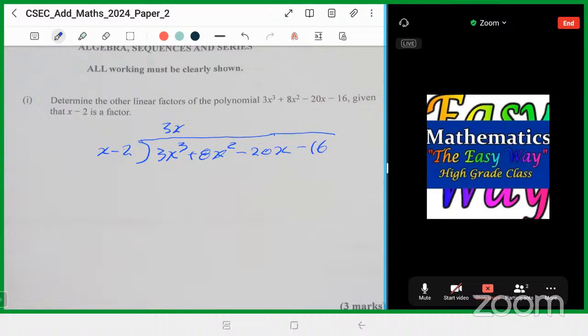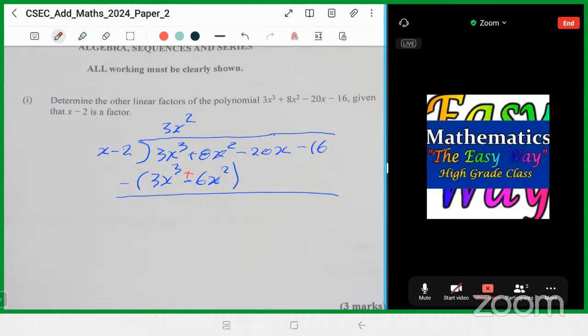Then 3x squared times these, so we're going to get 3x cubed minus 6x squared. Then we're going to be subtracting. So this minus this, that's gone. This minus makes it a plus. So we're operating with a plus right here.